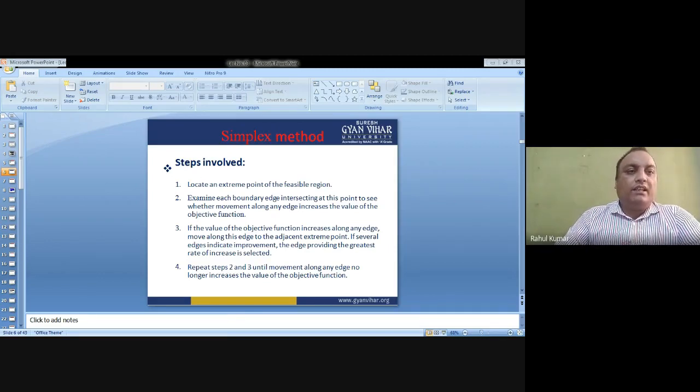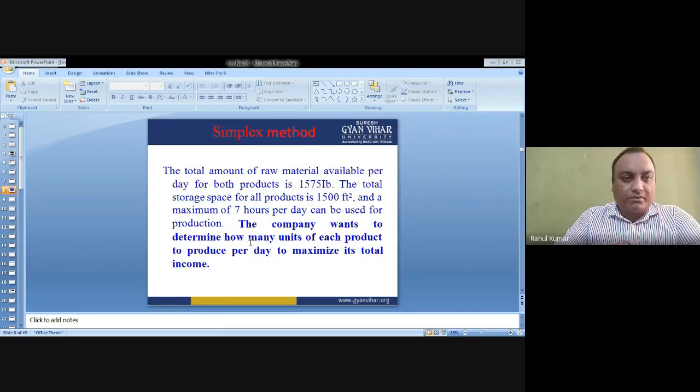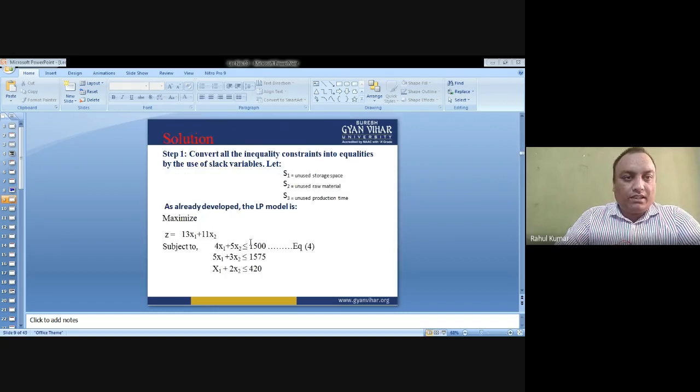Before starting these steps, I will give some general procedure of the simplex method. The general form of the given linear programming problem is transferred to its canonical form. First, you obtain this. Suppose this is one question. This is the maximization problem.